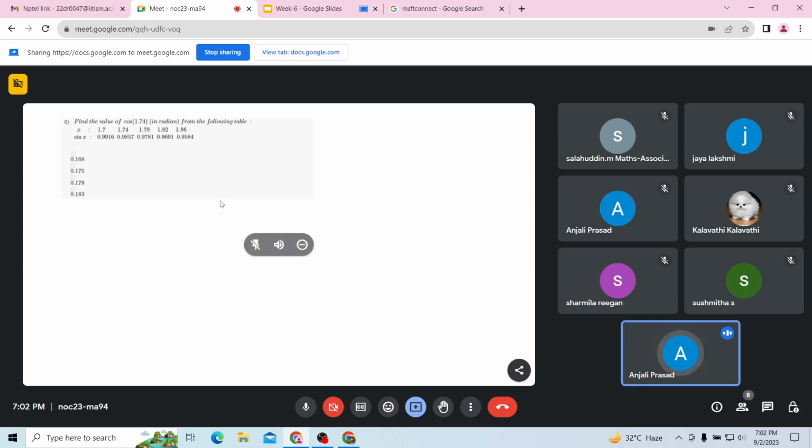Just calculate dy by dx, take sin x as y. So its derivative will give you cos x, and you have to calculate cos of 1.74.